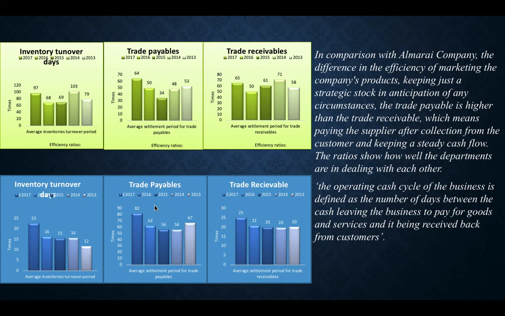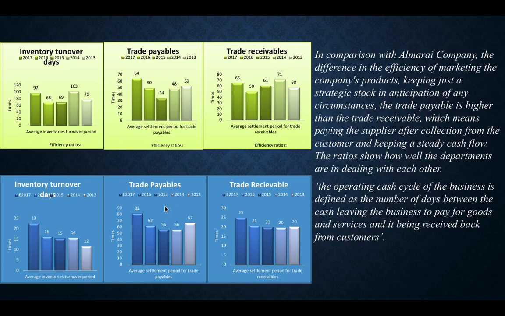Instead of taking loans from banks, they invest the supplier's money. Here they collect money after 25 days and pay the supplier after 82 days. This means in the period between the 25 days and 82 days, they invest the money of the supplier in the market.